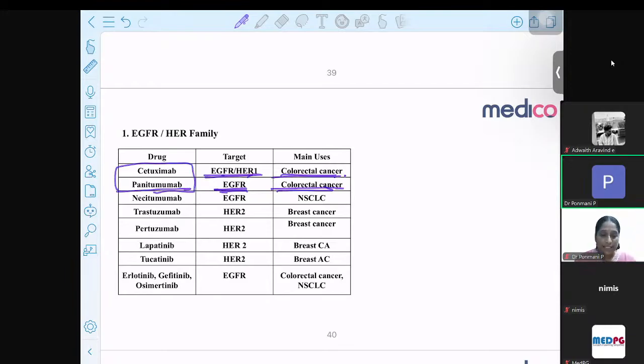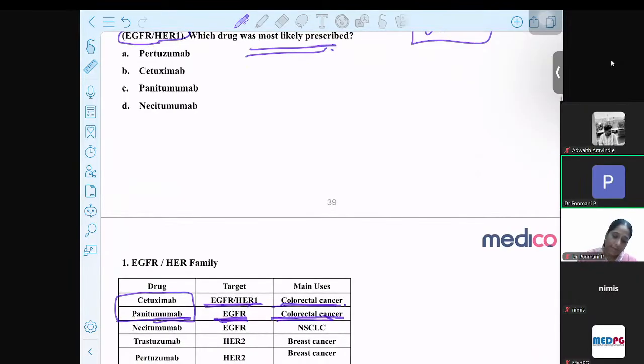Let us see whether it is there in the options. Yes, cetuximab is there. Panitumumab is also there. So how do I choose? Cetuximab, as XI is there, it is chimeric. Hypersensitivity reactions are going to be more. Yet, I'm going to choose cetuximab. Why?